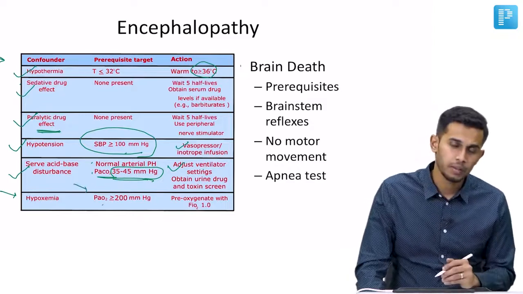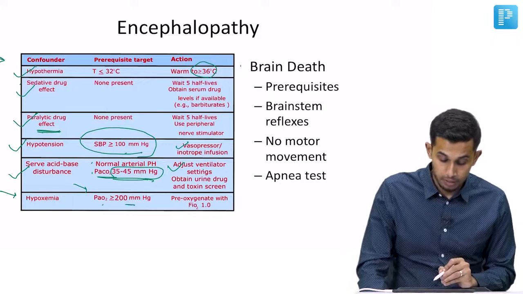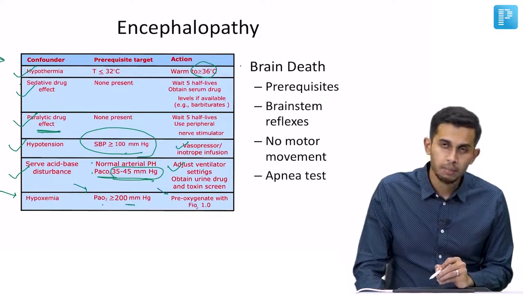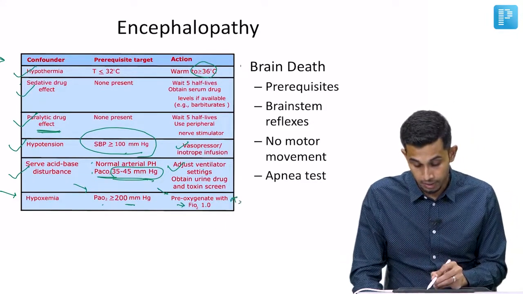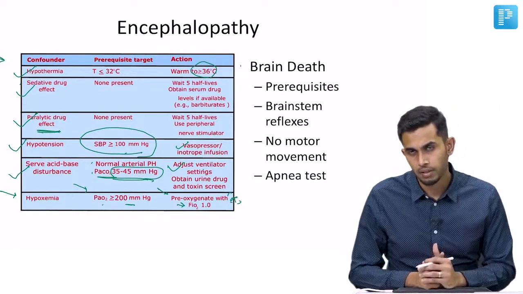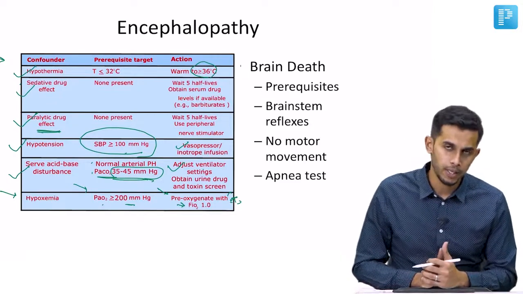We have to make sure that in the ABG the PaO2 is more than 200 millimeters of mercury. For this we can pre-oxygenate the patient with FiO2 of 1 in the ventilator. So we have to make sure no confounders are present, and then go ahead and plan for diagnosing the patient brain dead.